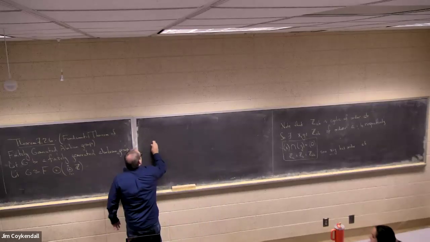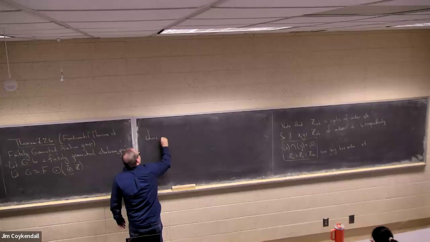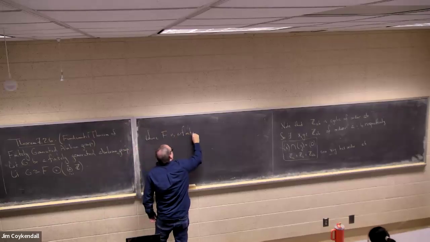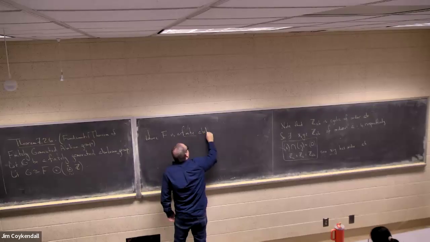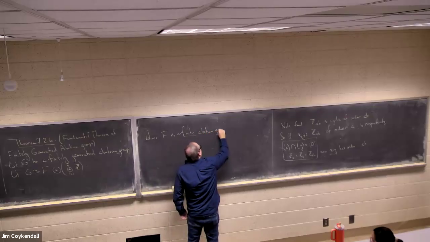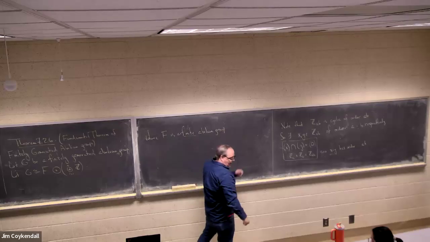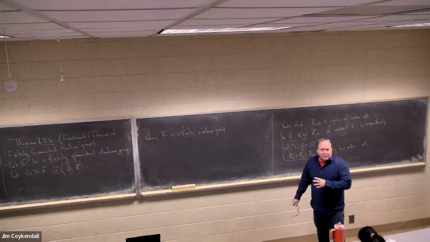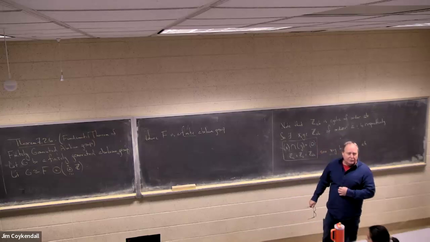Where F is a finite Abelian group. And we've already discussed how we deal with a finite group. Remember, the finite Abelian group case we've already discussed in the previous result.